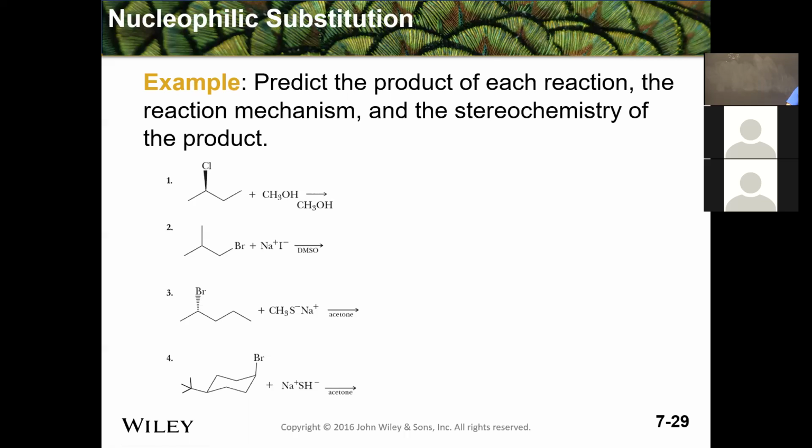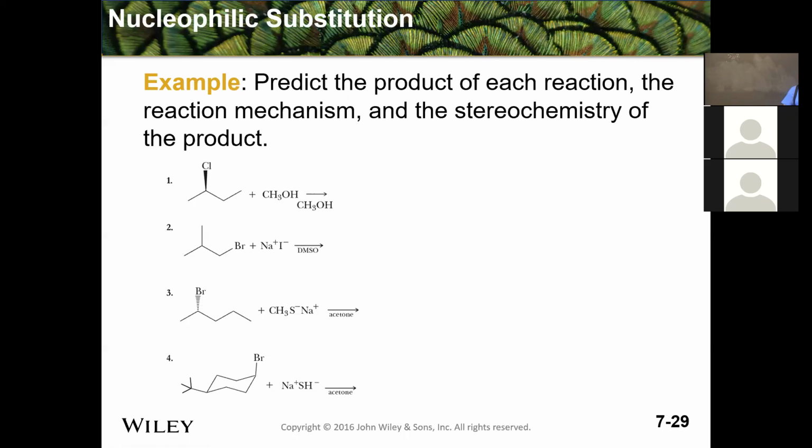CH3S minus is a good nucleophile. What about acetone? Is that a protic or aprotic solvent? Aprotic. All right, so we've got a secondary halide, a good nucleophile, aprotic solvent. So which mechanism is more likely? SN2 is more likely, yeah.